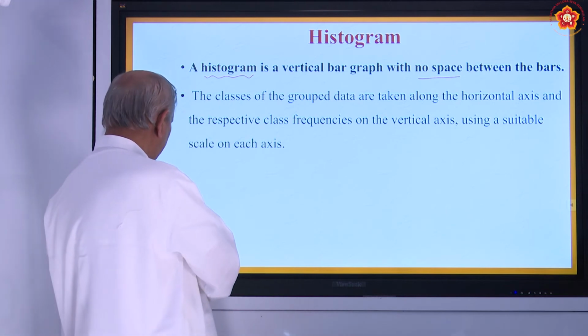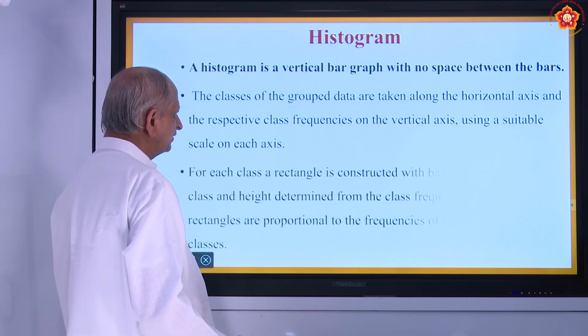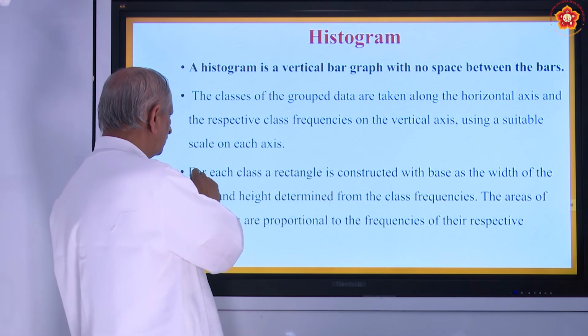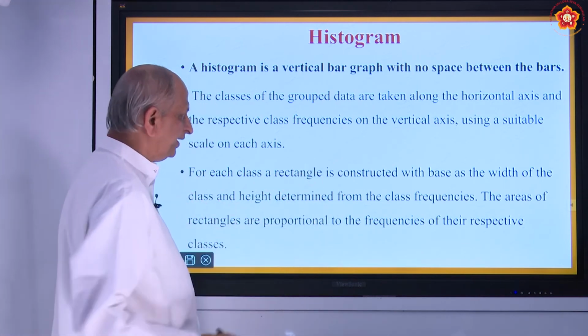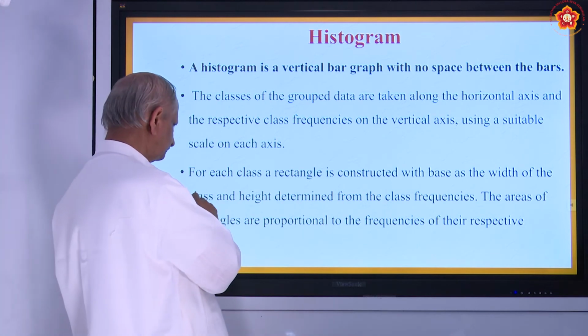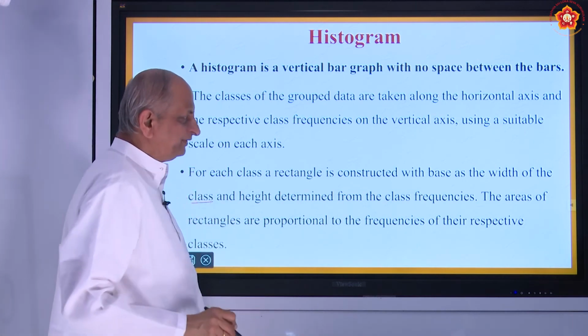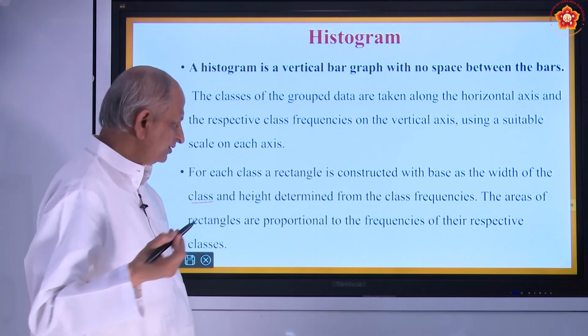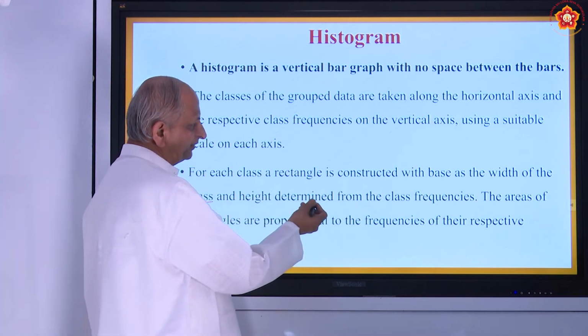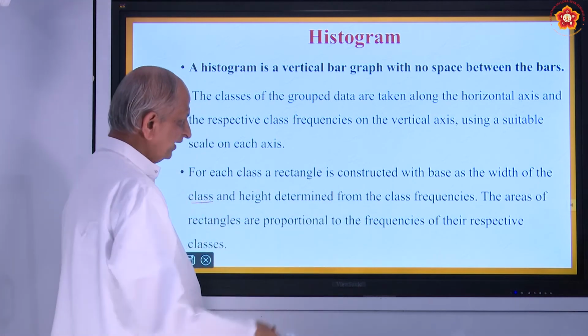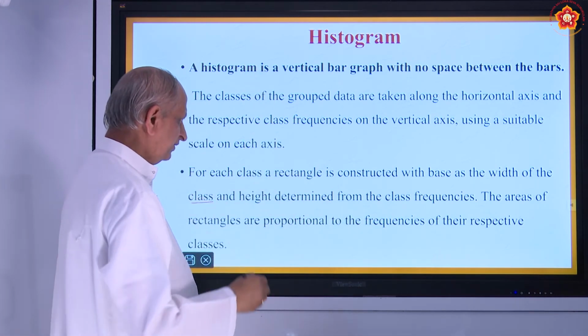Okay. Now let us see how to draw. For each class, a rectangle is constructed with the base as the width of the class interval. So the width of the class interval is shown on the x-axis, and the height is determined from the class frequencies, frequency on the y-axis.